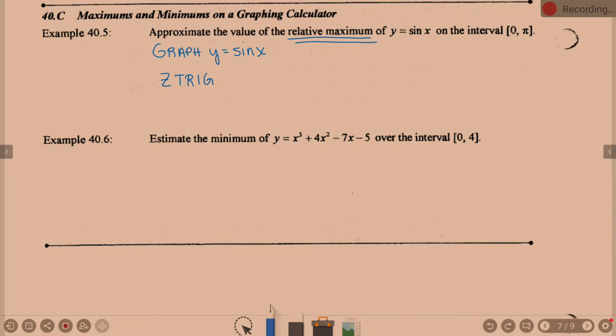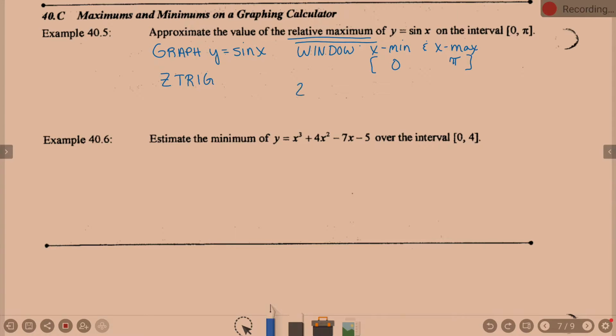So, let's see. Some keys I was going to write down. First of all, one thing I did do is change my window. I set my x min and x max, and I set those at 0 and pi, because that's what they gave me.